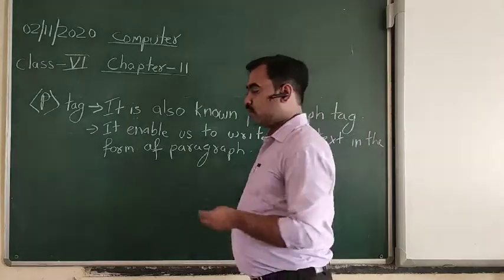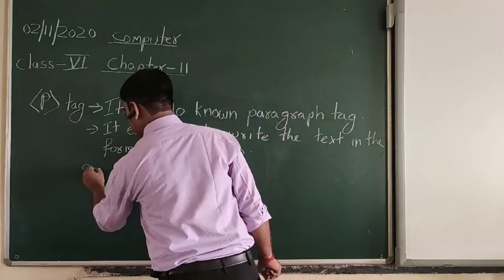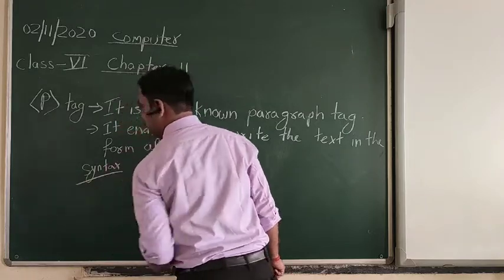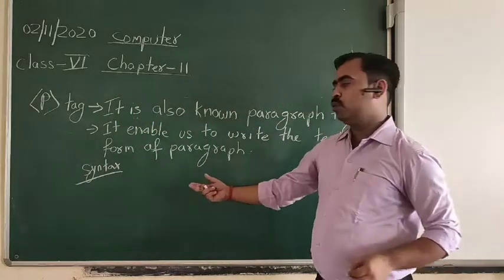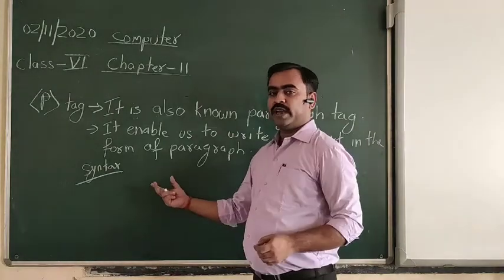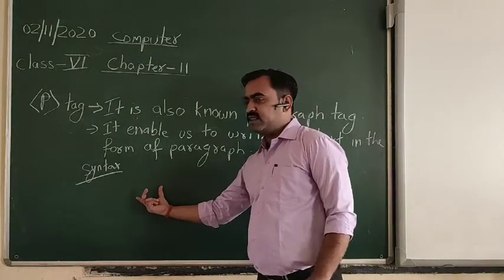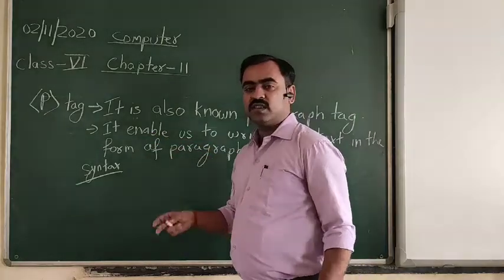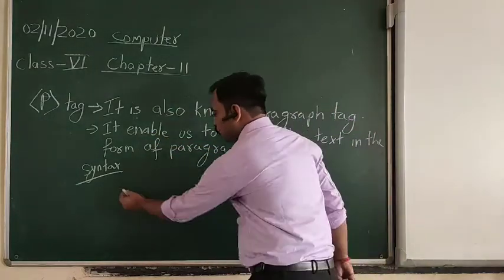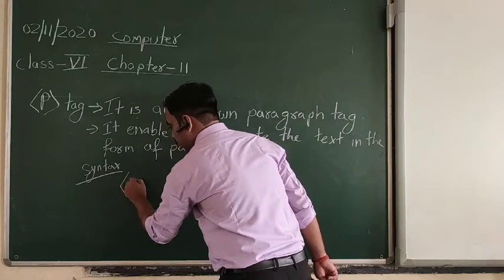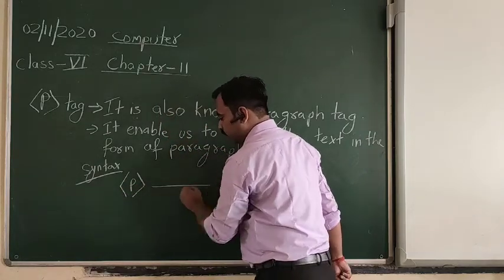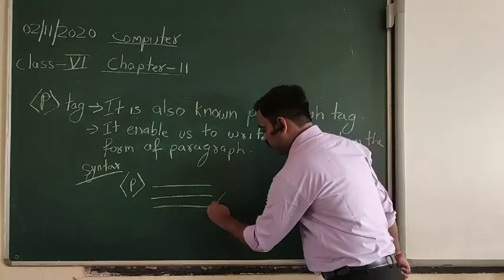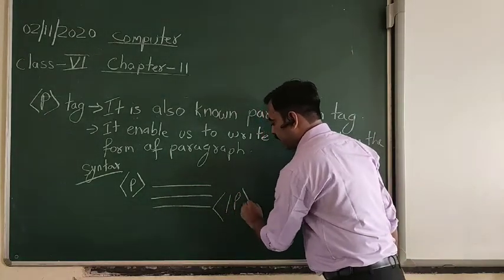Now the syntax for using the paragraph tag is that whenever you want to begin a paragraph, if you want to represent a sentence or a collection of sentences in the form of a paragraph, you just write the p tag, then write your text, and then close the p tag.